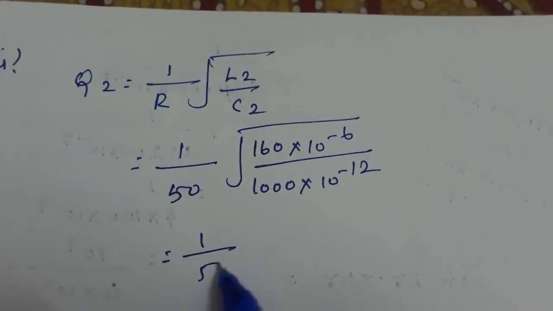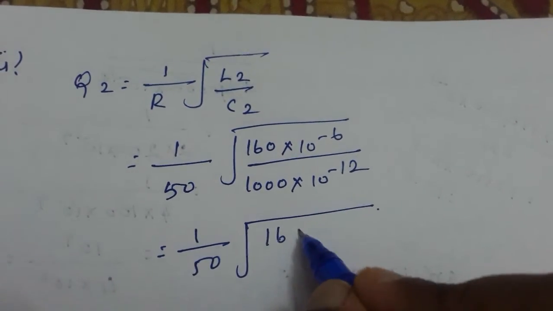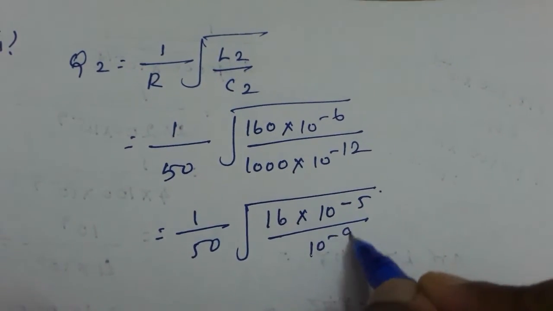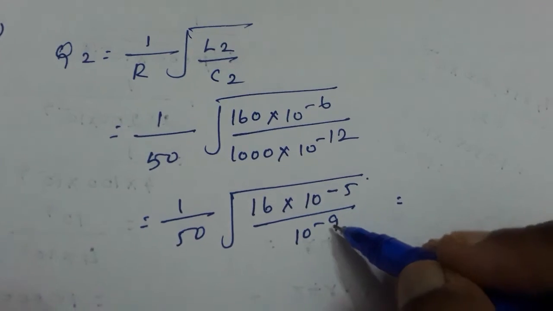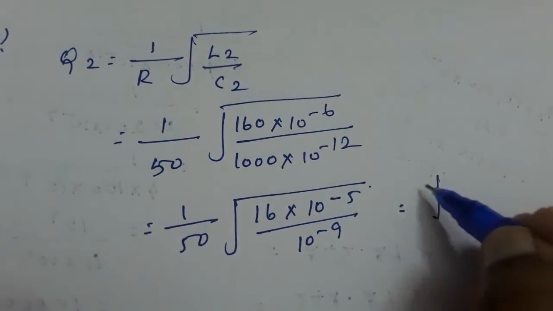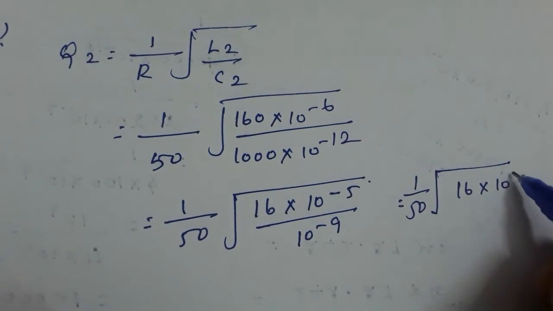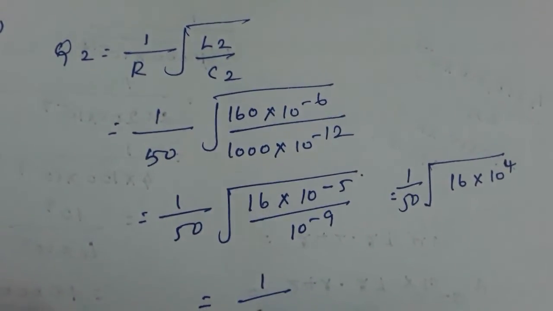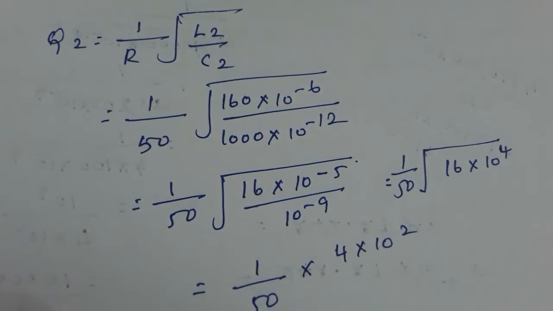So it is 1 by 50 into root of 16 into 10 raised to minus 5 divided by 10 raised to minus 9. Root of 16 is 4. So it is 1 by 50 into root of 16 into 10 raised to plus 4, which can be written as 1 by 50 into 4 into 10 raised to 2.